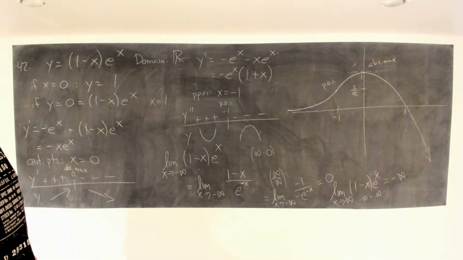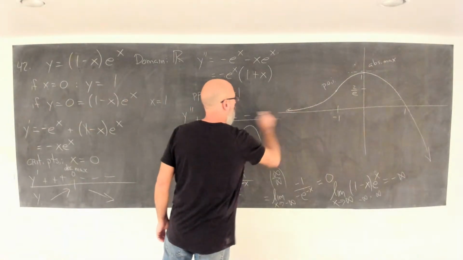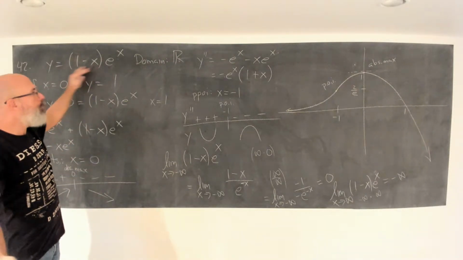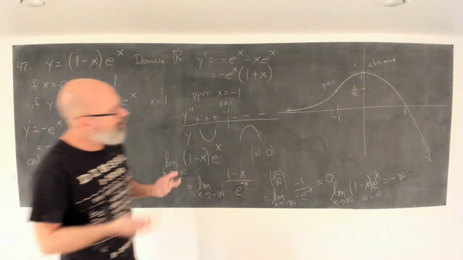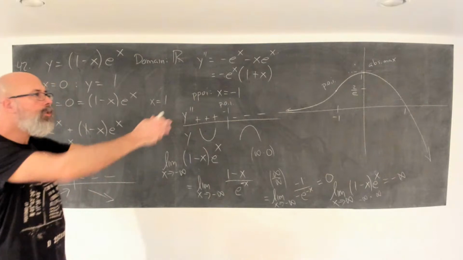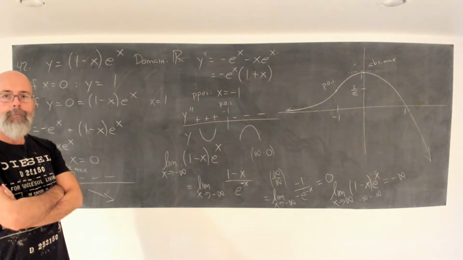And there it is. Very nice graph. Not a function that you should know the graph of before graphing it, so that's nice. And all the work you do leads you to this graph.